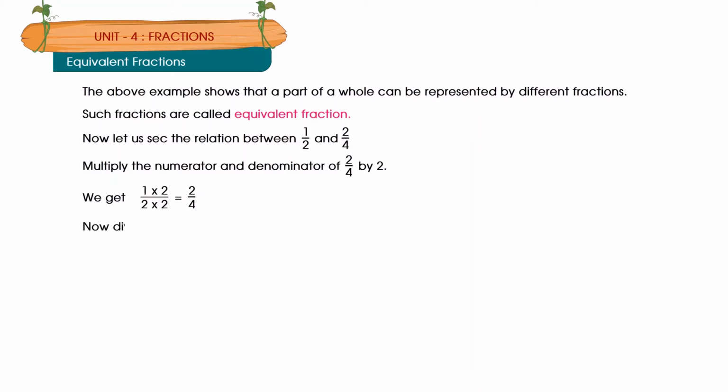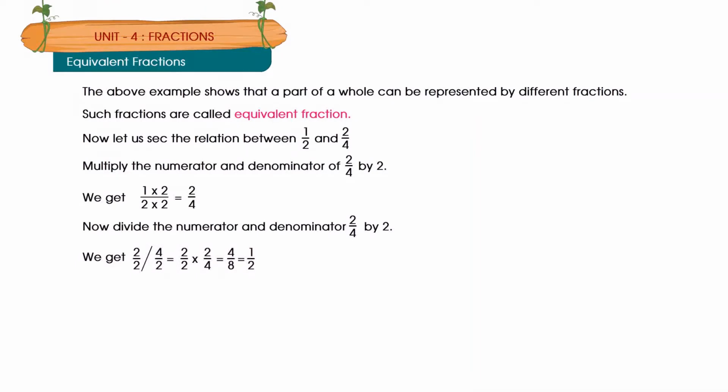Now divide the numerator and denominator of 2 by 4 by 2. We get 2 divided by 2 by 4 divided by 2 is equal to 1 by 2.